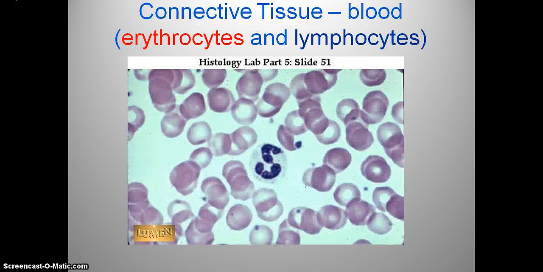Okay, here's connective tissue, blood. Notice the color of erythrocytes, which are red blood cells, on this particular slide is not the same as we looked at. Ours were red. Notice lack of a nucleus. These are round, disc shaped, kind of flattened.